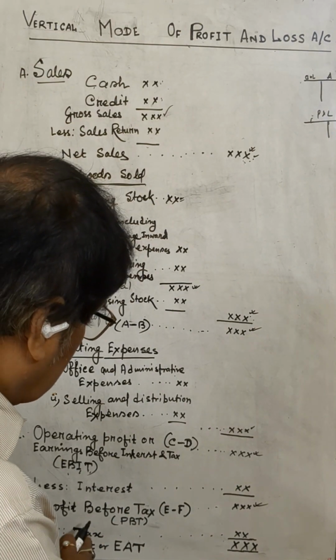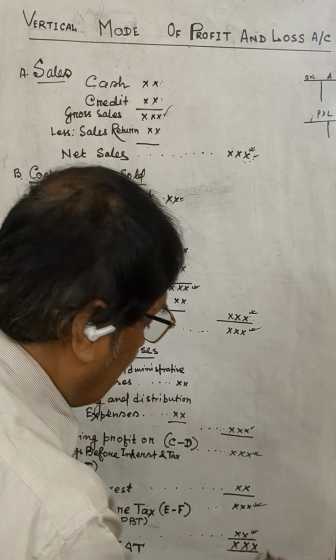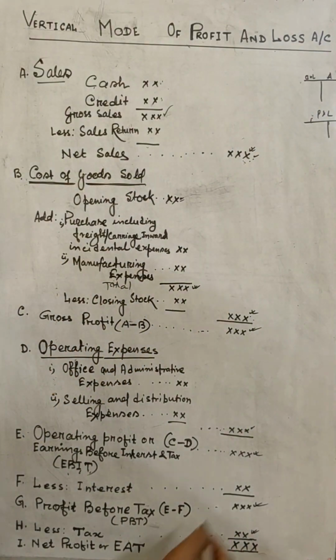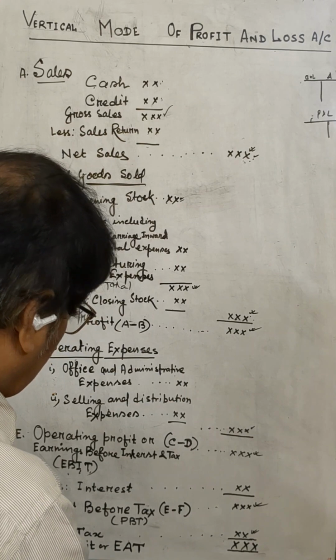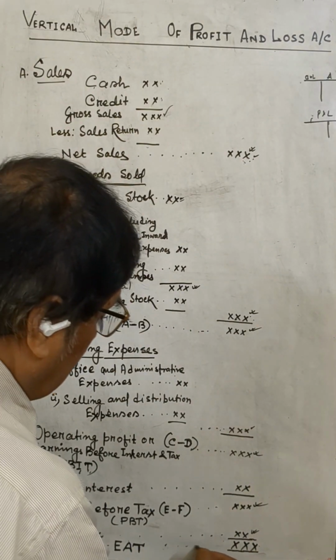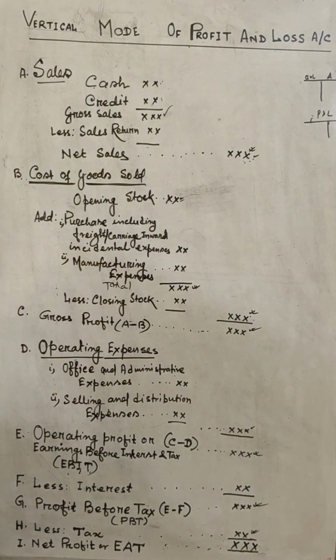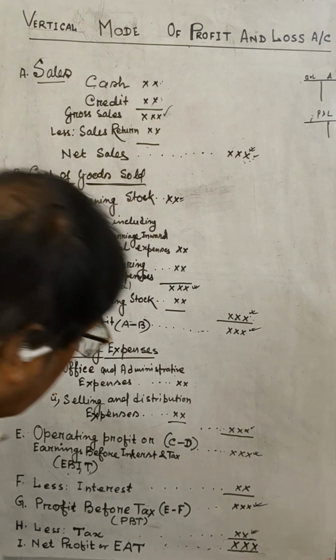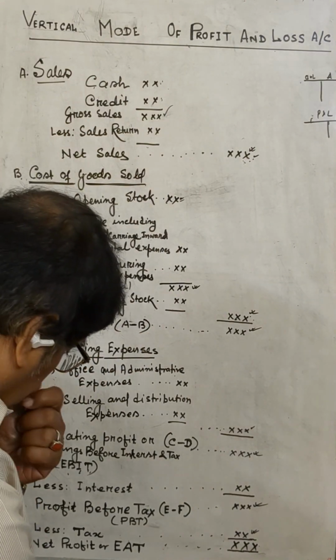Now, less tax. The tax amount will be reflected here, and if you subtract tax from this, then you will get net profit. Our main purpose is to get the net profit, and how it has come, I have shown here in detail. Net profit is sometimes called earning after tax, that's why EAT.